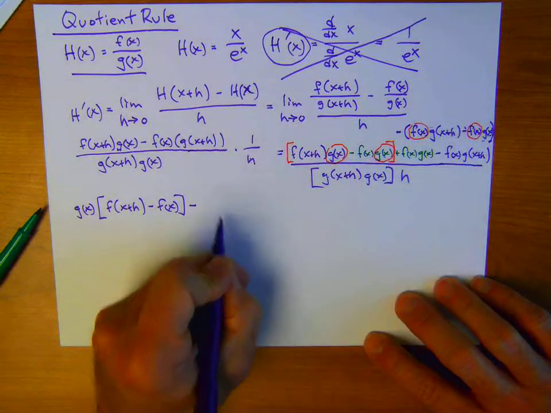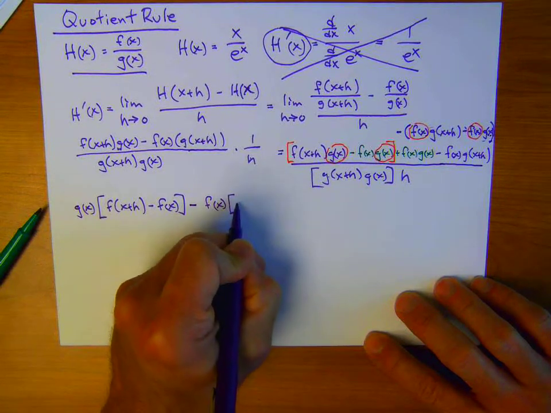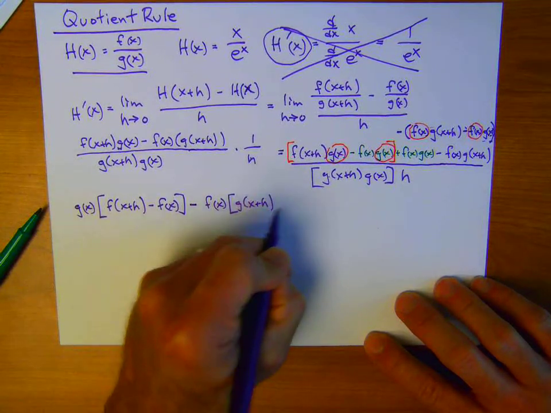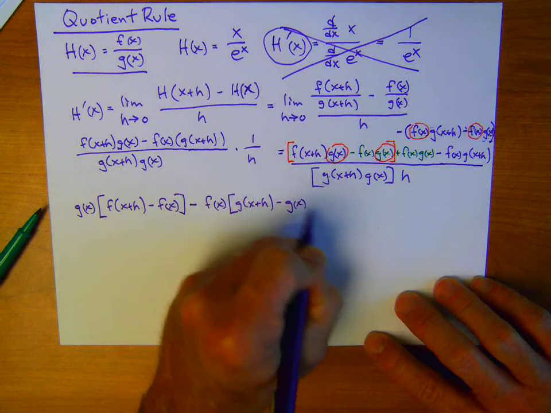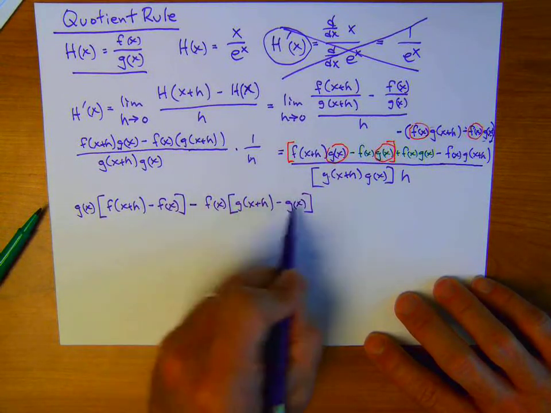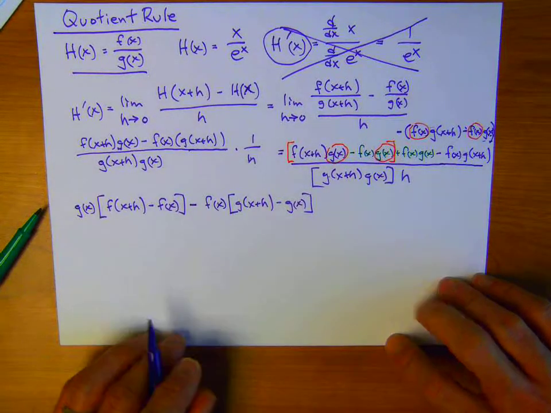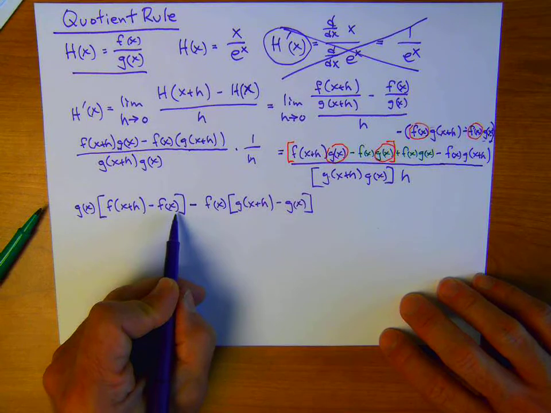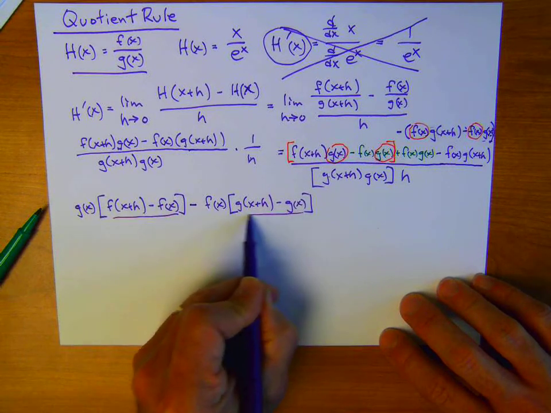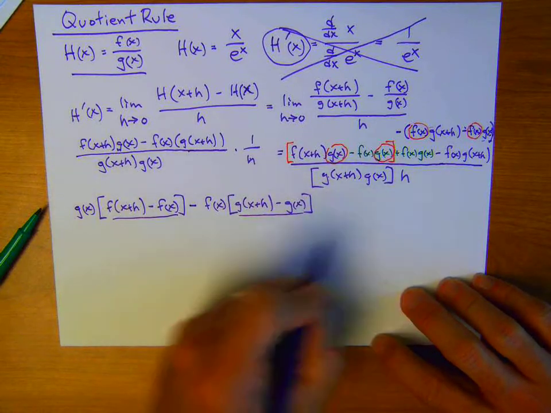I'm going to pull out my f of x, and I'm going to be left with g of x plus h minus g of x. All right, and you could expand this back out and see that the signs do agree here. It's just basically kind of factoring out a -1. All right, but we wanted it to be in this form and in this form because that's what the definition of the derivative looks like. And then the denominator is unchanged.